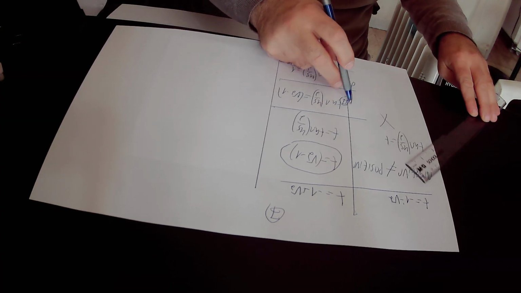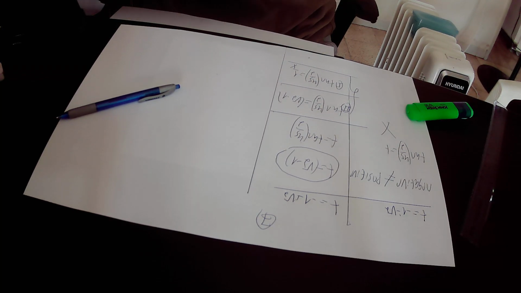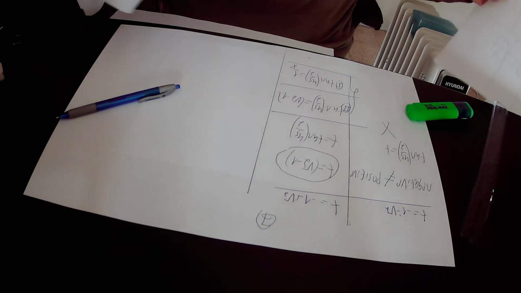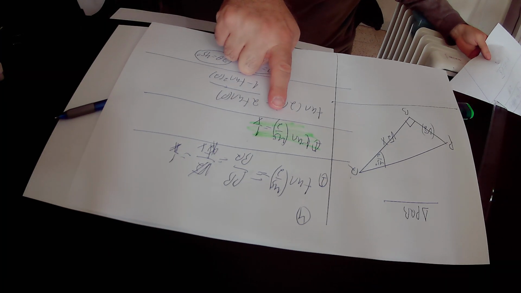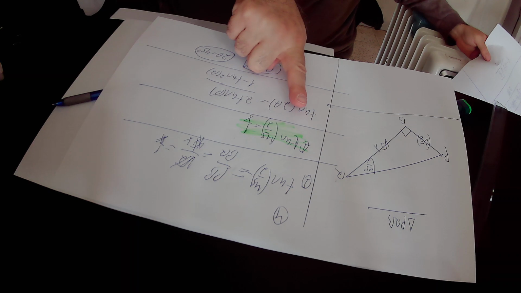Here we have, in page number 4, we already found out that tangent 45 over 2 degrees equals 1 over x according to equation number 1.